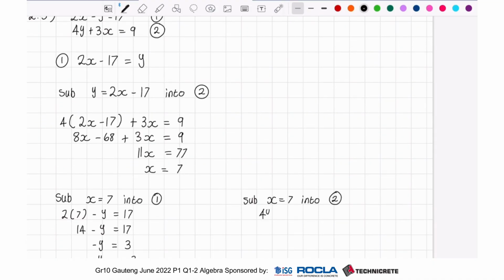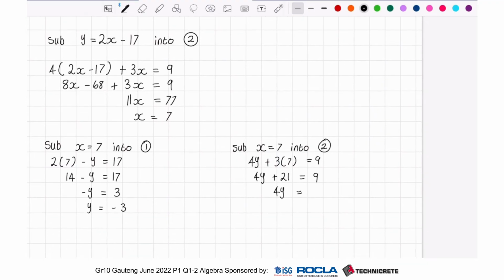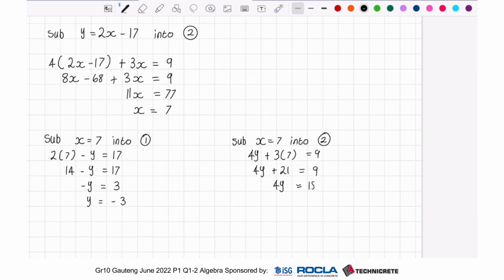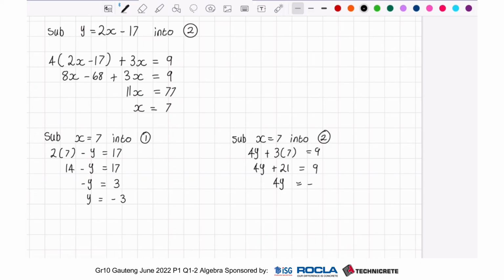So I have 4y plus 3 times 7 is equal to 9. And we just simplify. So we get the exact same answer.